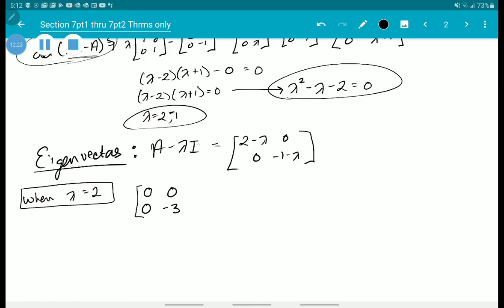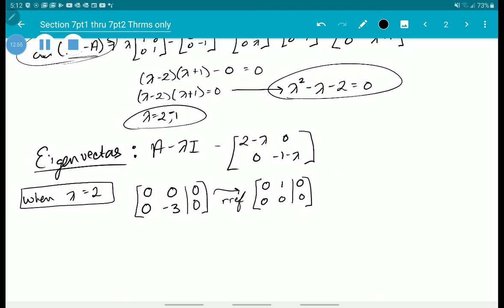Now, we always want to set this equal to 0 to solve. So if I set that equal to 0, I have this. You can kind of think about it like the null space. We're going to do RREF. And when we do RREF, we get this.